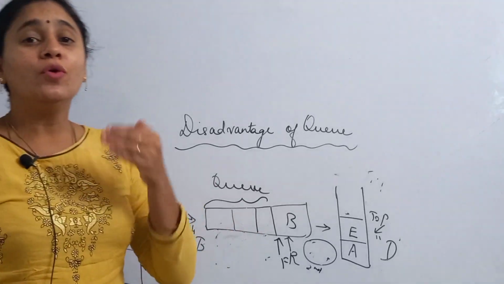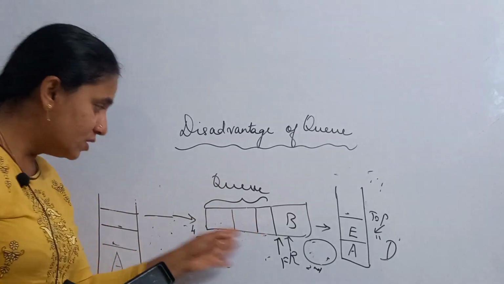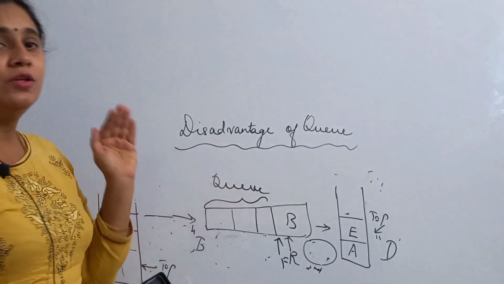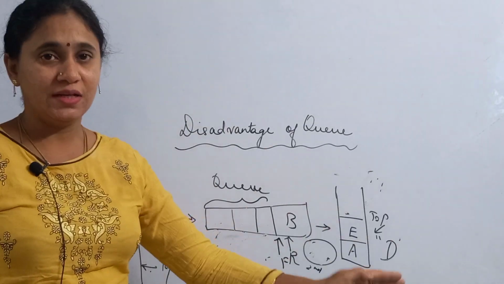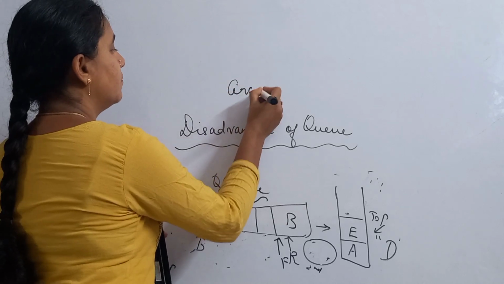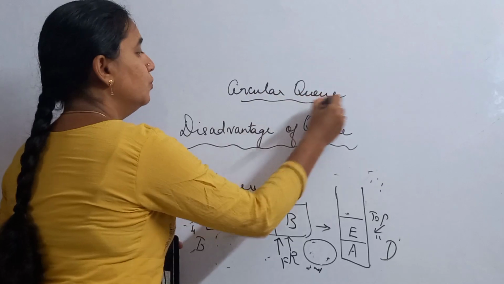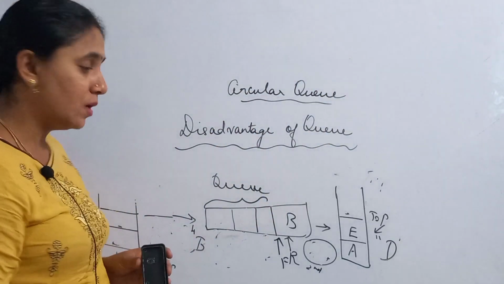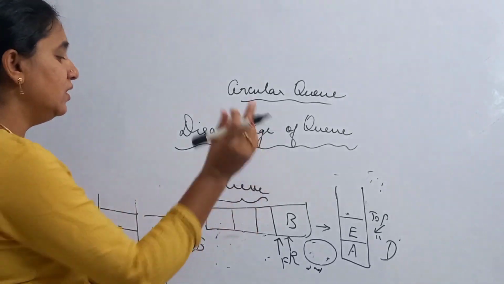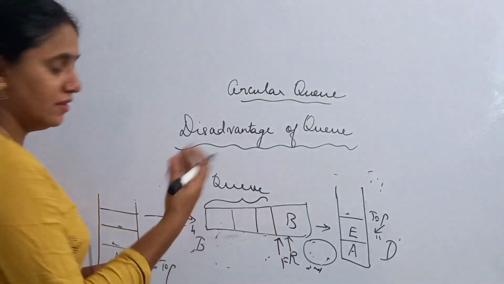So what are we going to do? Can you guess? In order to overcome this problem, we are going to use another type of data structure. It is nothing but the circular queue. By using a circular queue, we are going to overcome the limitation and use even these empty spaces successively for inserting the elements.